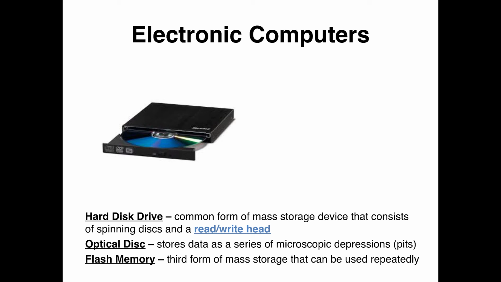And one new memory type that is not included here is the solid state memory that many smaller computers have now, that has more rapid access. So on the left here is an optical disk, and on the right is a flash memory drive.